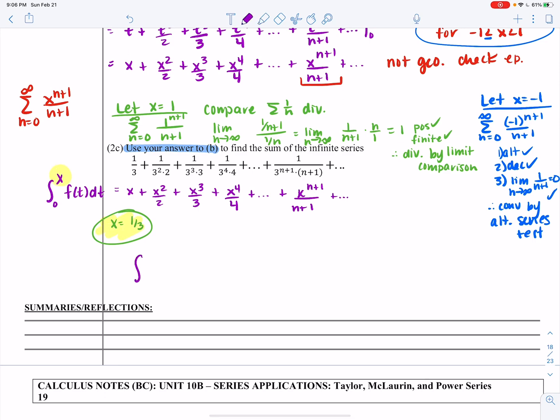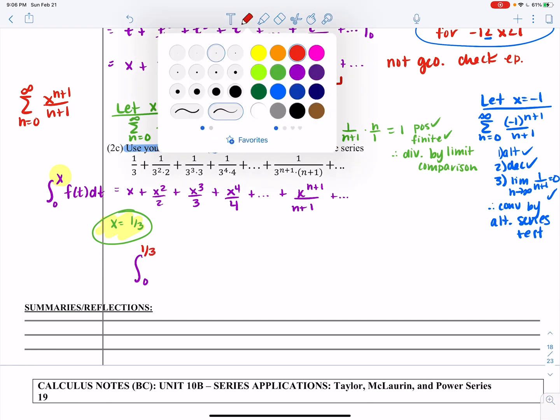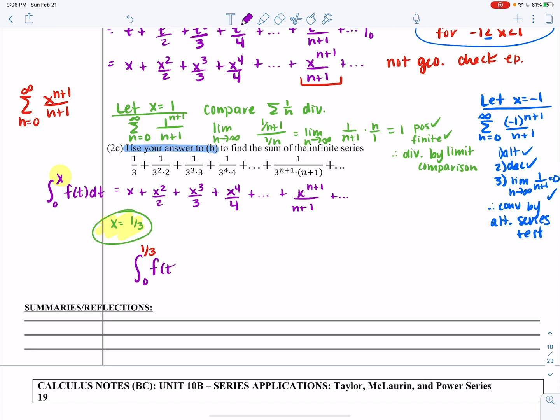So the integral from 0 to 1/3 of f of t dt is now equivalent to the sum 1/3, 1 over 3 squared times 2, 1 over 3 to the 3rd times 3, 1 over 3 to the 4th times 4, plus ... 1/3 to the n plus 1 over n plus 1.